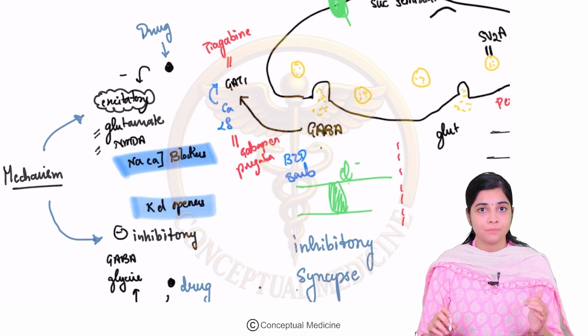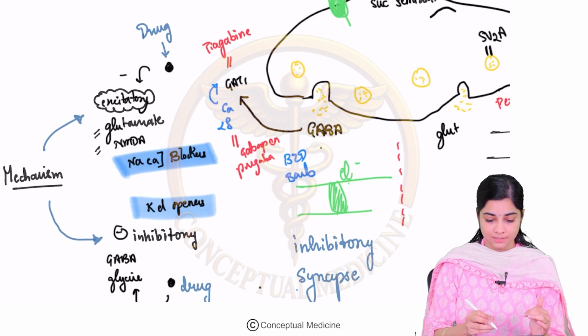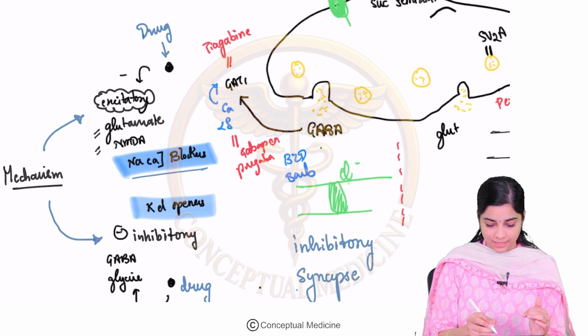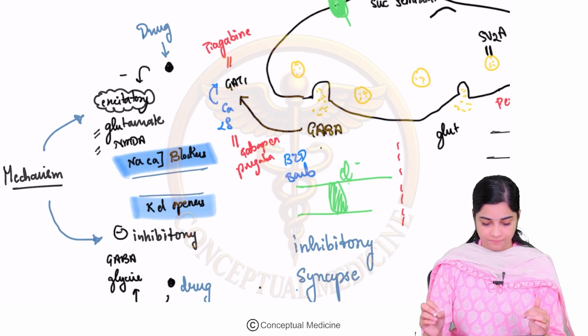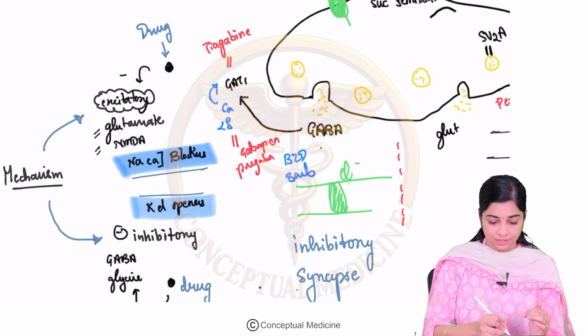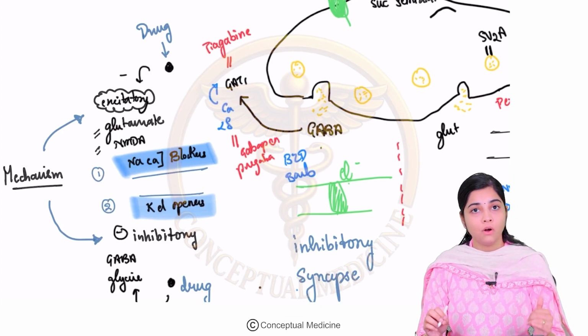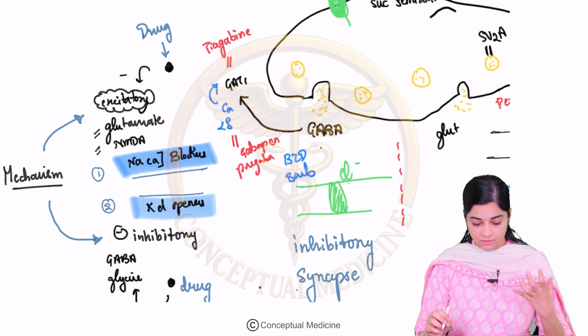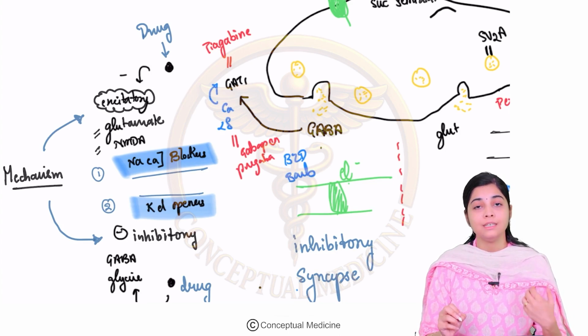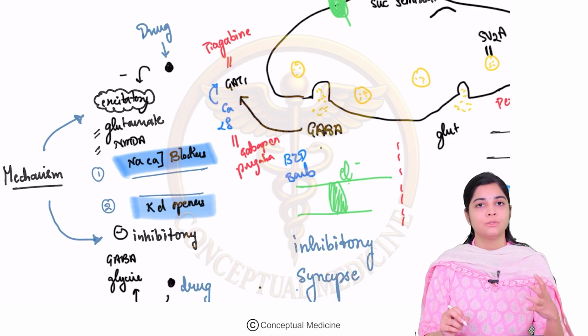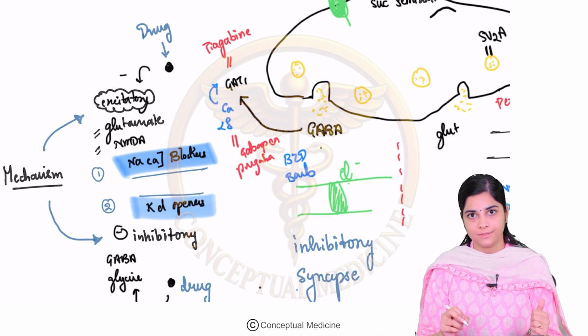So the drugs which basically inhibit the excitatory action of these neurotransmitters are sodium and calcium channel blockers and potassium channel openers. Okay, so they are your sodium and calcium channel blockers and potassium channel openers. Or the other way is your drug can stimulate the inhibitory neurotransmitters to control the uncontrolled electrical activity, right?